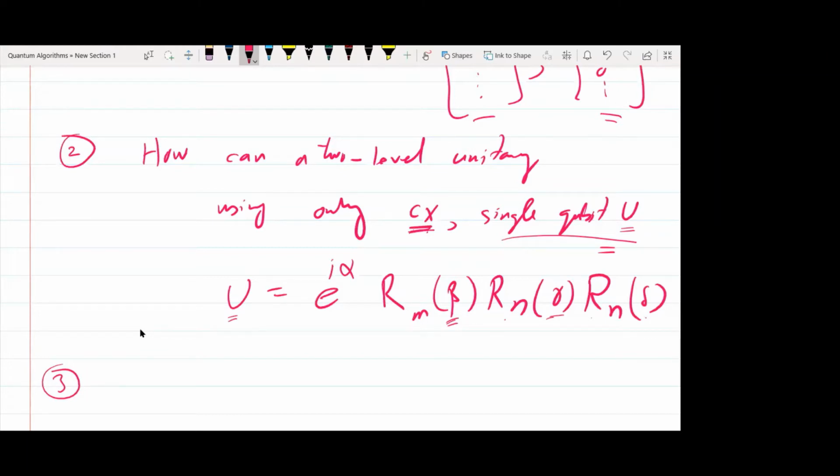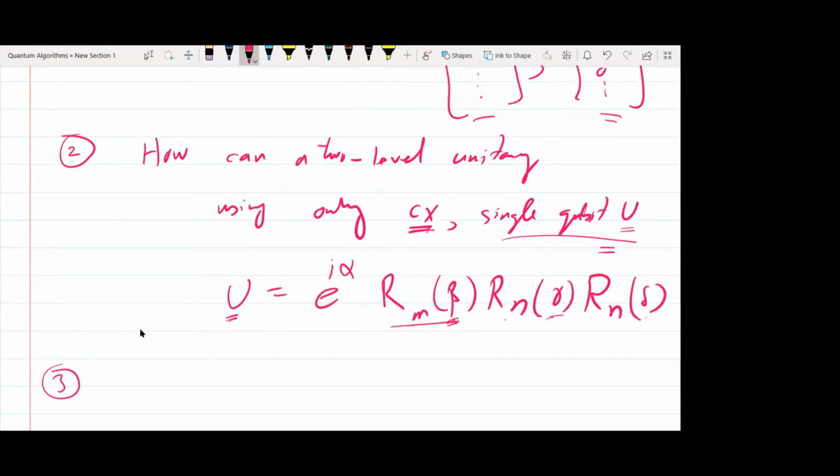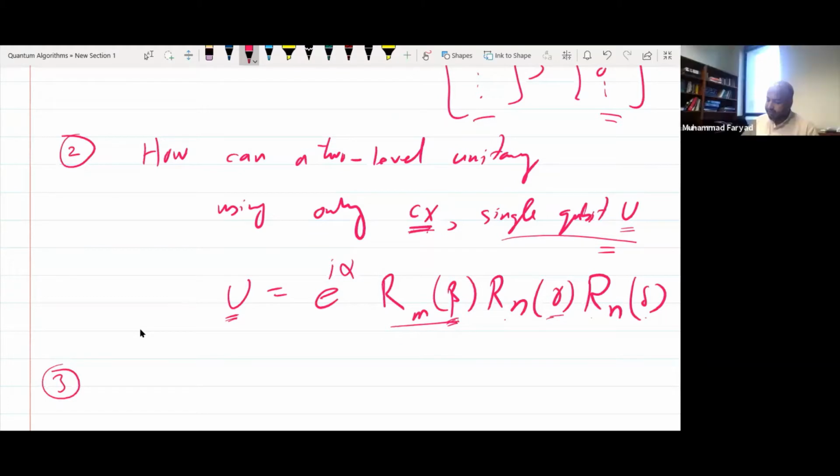One gate, let's say, rotates by 1 degree, the other rotates by 2 degrees, the other by 3 degrees, and so on. So to implement an arbitrary single qubit unitary exactly, we essentially need an infinite number of these gates. But in the third step, we will show that these arbitrary single qubit unitaries can be simulated by a discrete and fixed set of gates.